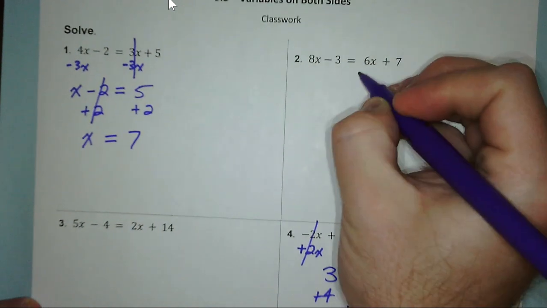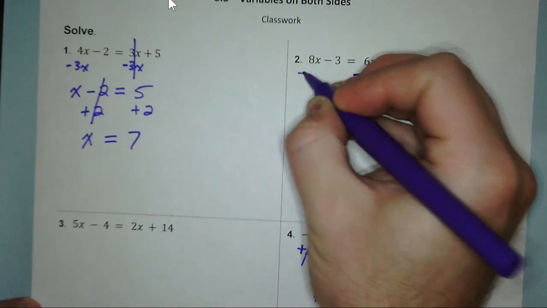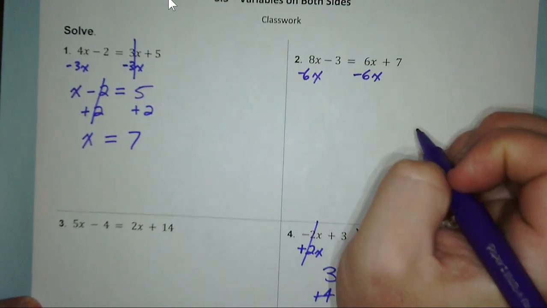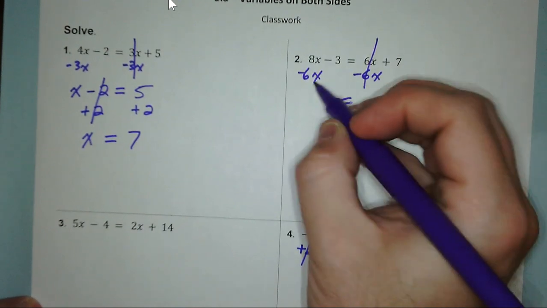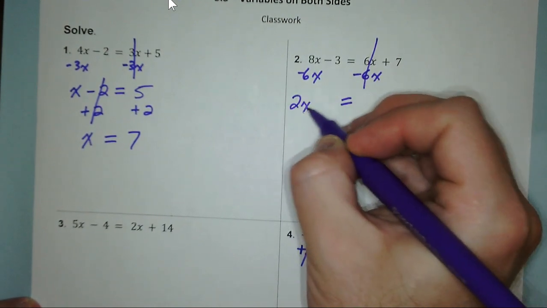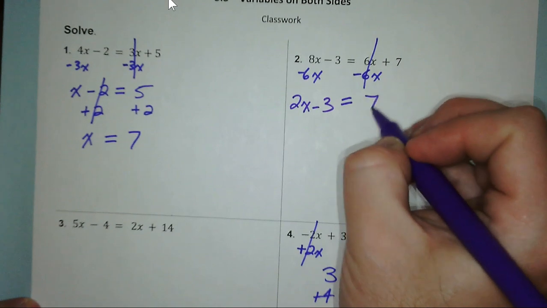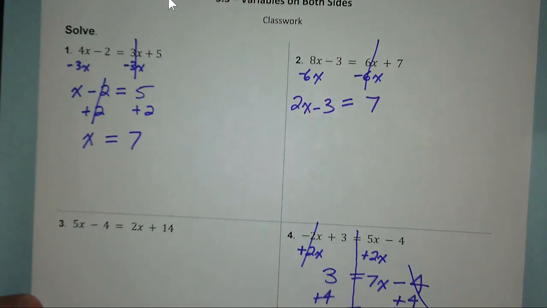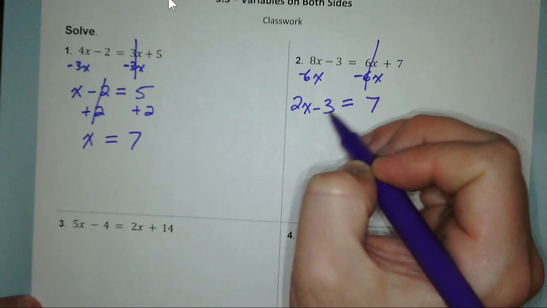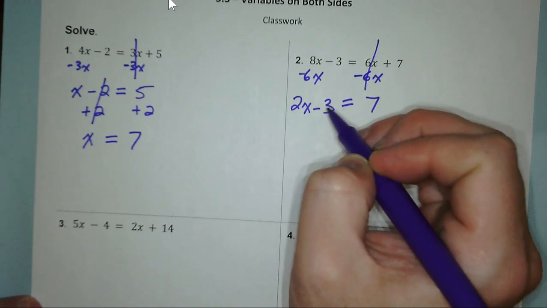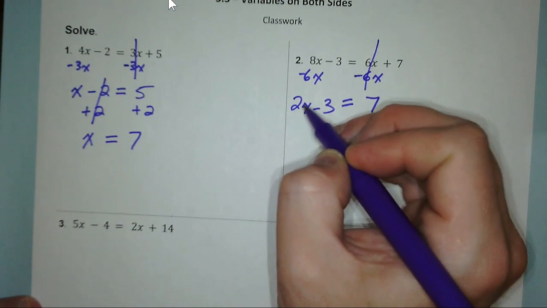Like number 2, the first thing I would do is subtract 6x from both sides. Okay? And that means over on the left there'll be a 2x minus 3, and on the right side now there's only going to be a 7. So again, now it's like, okay, what do we do? Do I get rid of this minus 3, or do I get rid of this 2?